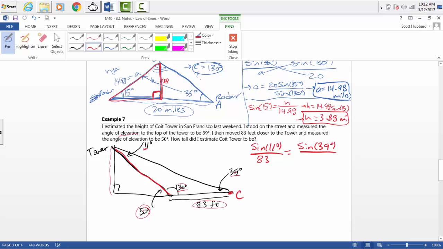Let me call that big angle C, and this will be little side C. So if you cross multiply, you get C is equal to 83 sine 39 divided by sine of 11.